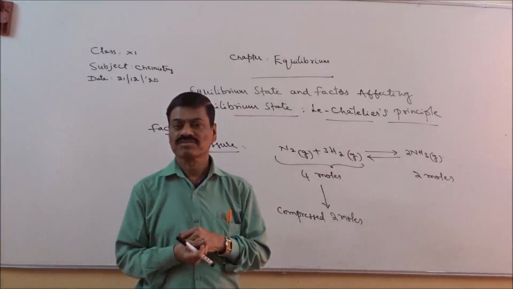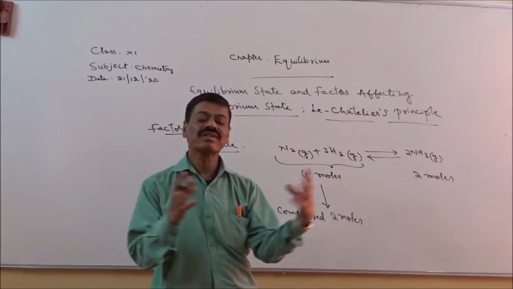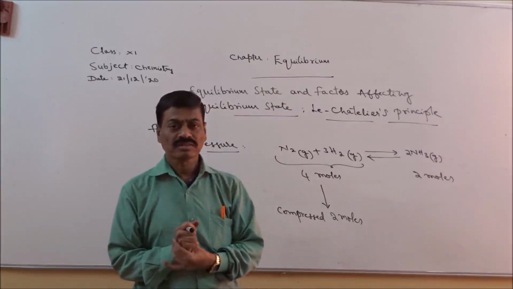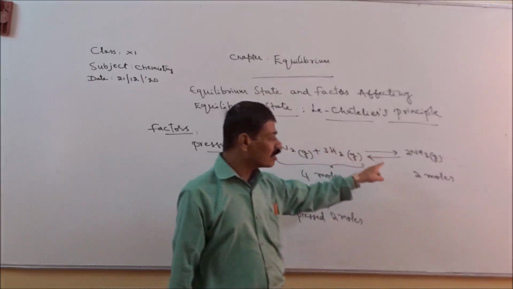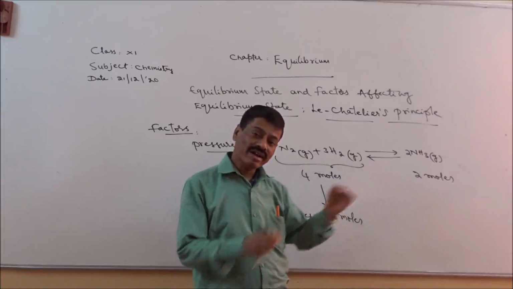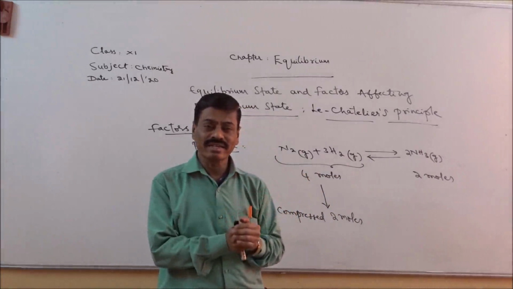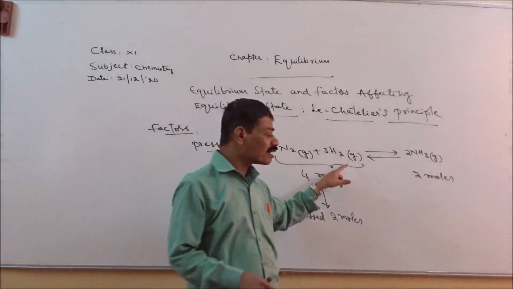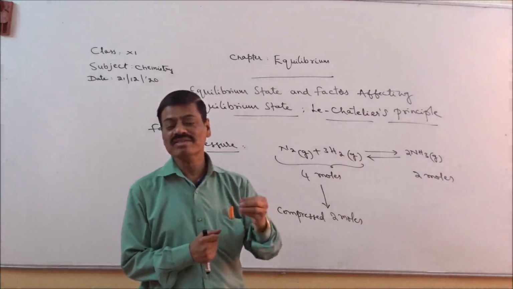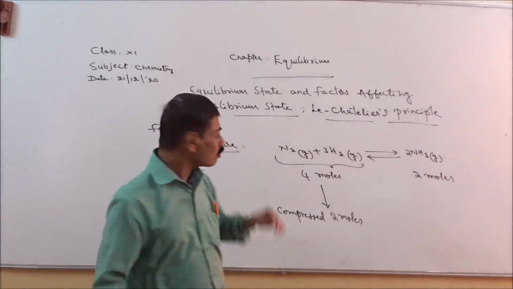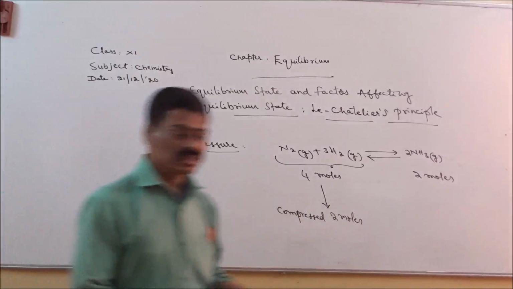Then the number of bombardings, means collisions, will change. So when pressure is increased, equilibrium will be disturbed. The increased pressure will be nullified again by the same reaction after a particular time when equilibrium is set. So that's how pressure affects the equilibrium state.